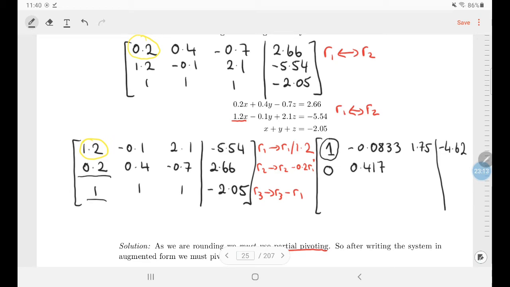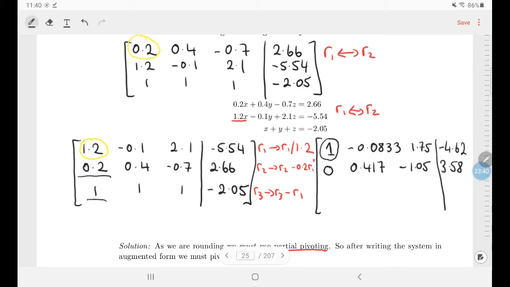And then minus 0.7 minus 0.2 times 1.75, to 3 significant figures, I get minus 1.05. And then 2.66 minus 0.2 times minus 4. I hate numbers like this. 3.58.